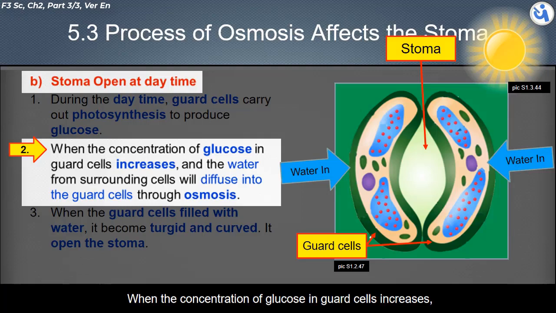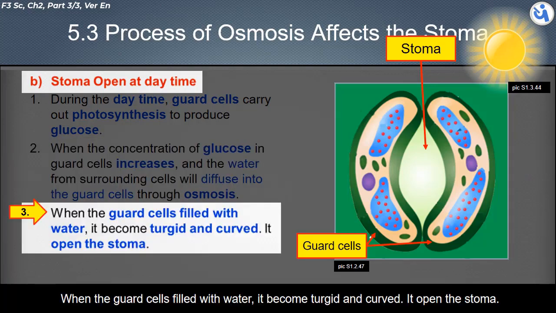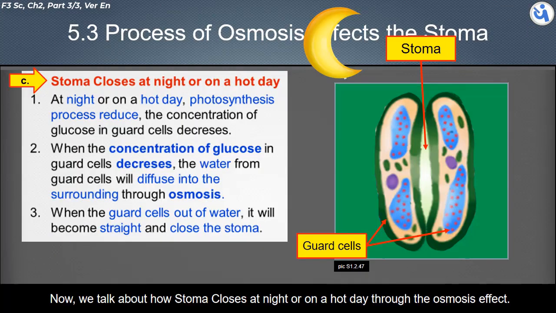When the concentration of glucose in guard cells increases, water from the surrounding cells will diffuse into the guard cells through the osmosis effect. When the guard cells are filled with water, they become turgid and curved. It opens the stoma.